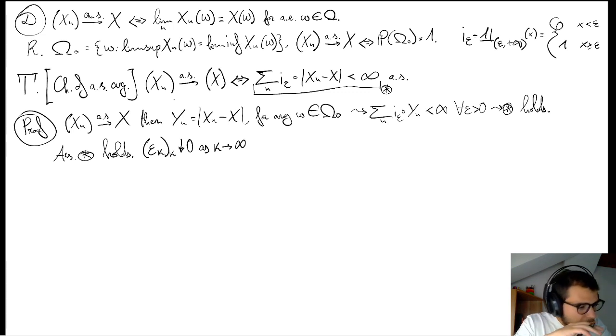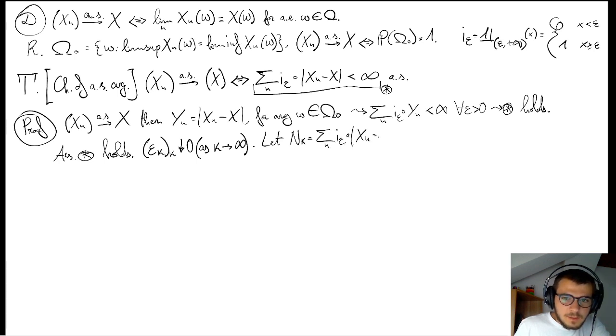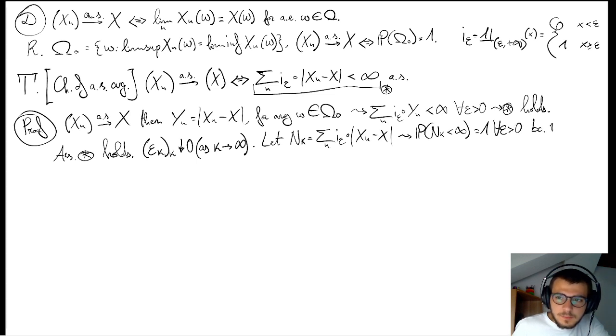And let N_k be the sum over n of I_epsilon_k applied to the difference Xn minus X. Then we have that the probability of N_k being finite is 1, for any epsilon greater than 0, because this holds. And this is not for any epsilon but for any k.